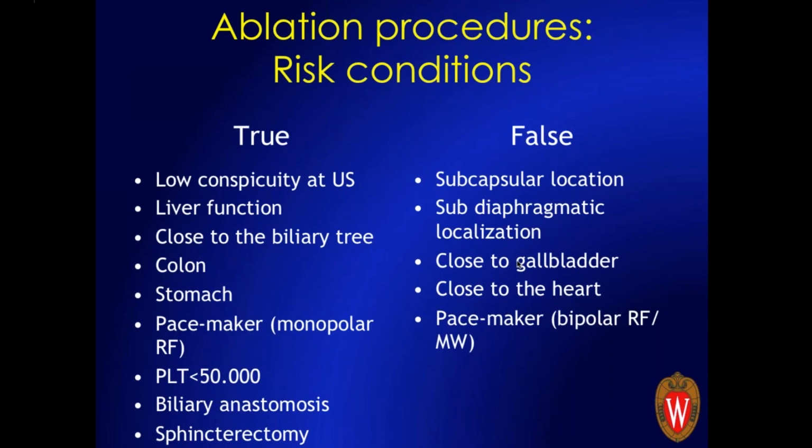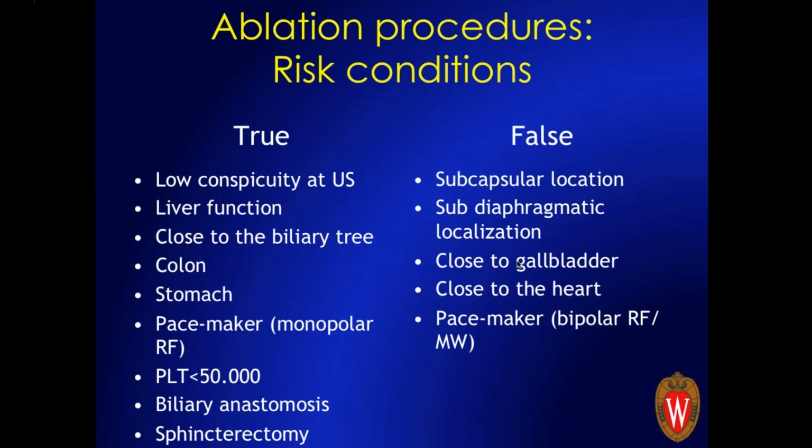The liver function, the risk structures, the presence of a pacemaker if we use monopolar radiofrequency, but if we use bipolar radiofrequency or microwave, no problem for the pacemaker. The platelet disorder and the biliary anastomosis or sphincterotomy, because of the risk of abscess in these cases.